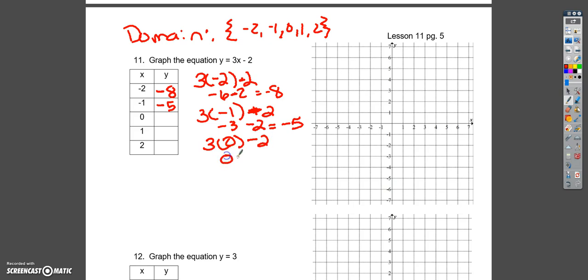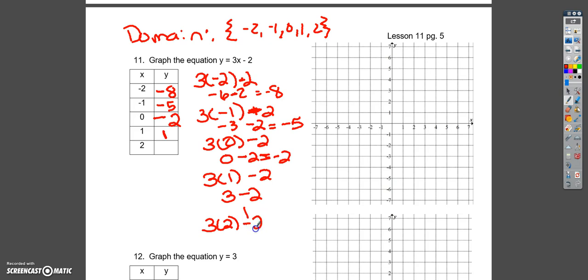So 3 times 0 minus 2, -2. Now we'll put 1 in. 3 times 1 minus 2, 1. Do 2. 6 minus 2 is 4.